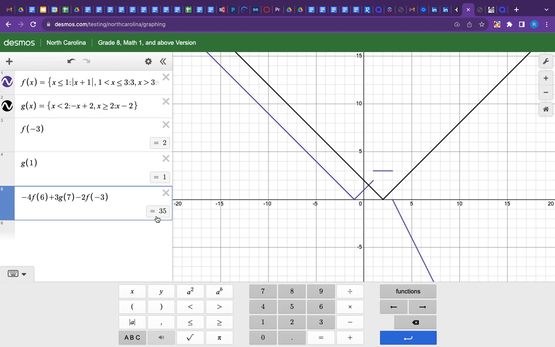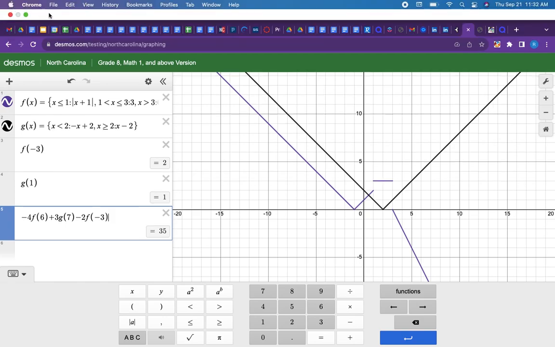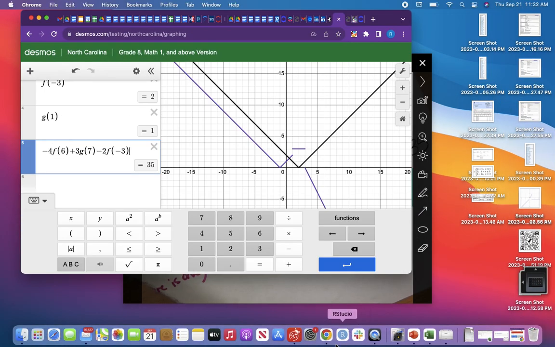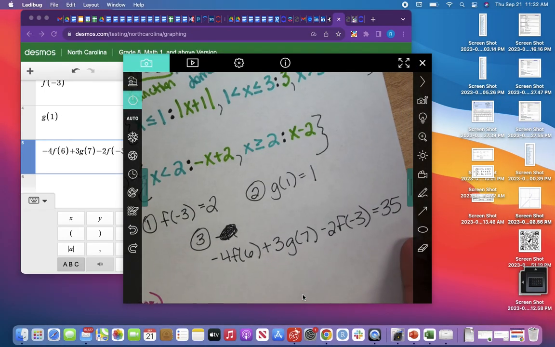So that is evaluating piecewise given your actual functions. That's how you type them in and all that good stuff. So let me finish writing this down right quick. So negative 4 times f of 6 plus 3 times g of 7 minus 2 times f of negative 3, and that equals 35. So then there it is written right there.